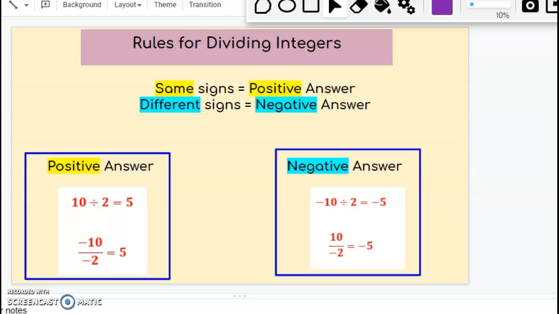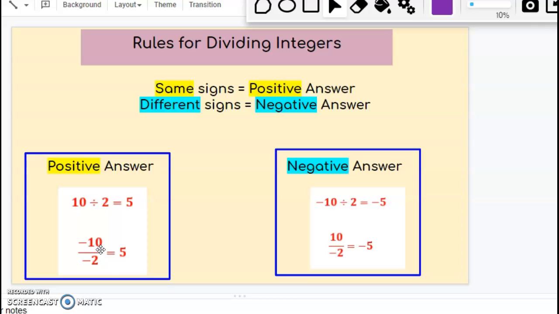which is going to bring us back to those rules. Same signs give you positive answers, different signs give you negative answers. So let's take a look at the positive answer box. We have a positive divided by a positive is a positive. Here, don't forget that even though it looks like a fraction, it's division.